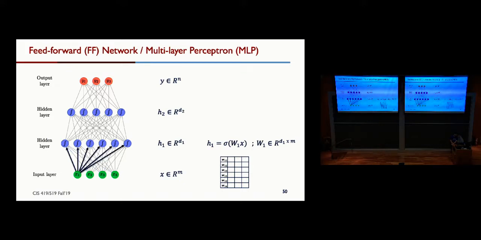Similarly, any column of this matrix corresponds to the weights from one of these inputs to all the neurons in the hidden layer. Is this clear? Are there other questions? Because this is quite important. I still see a lot of blank faces, so just ask if you don't understand.